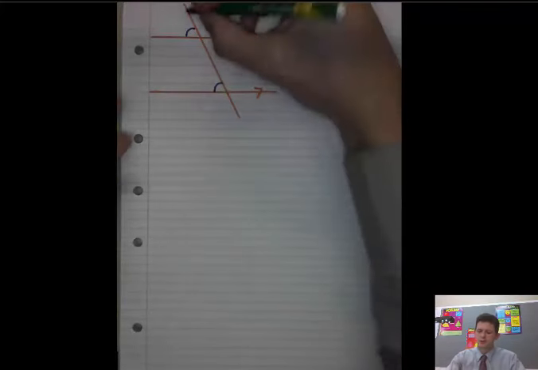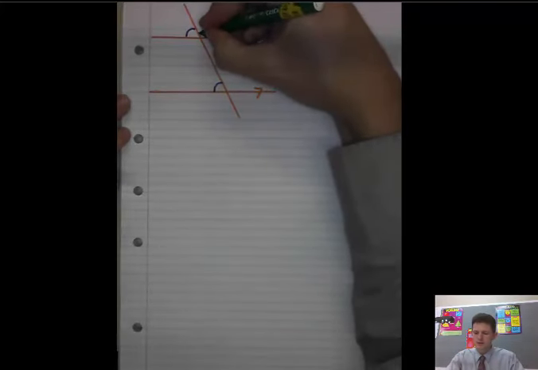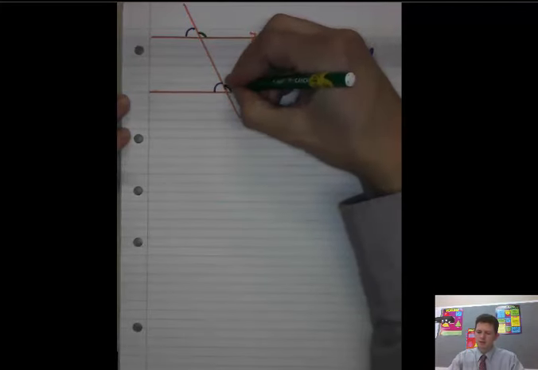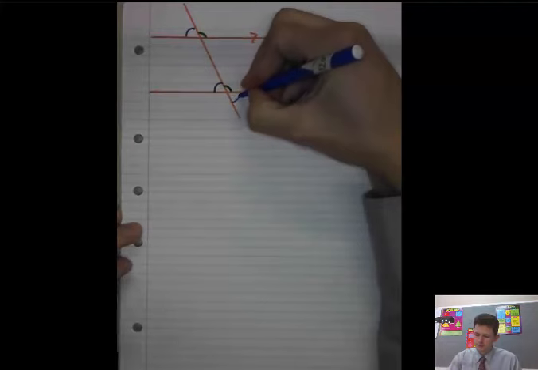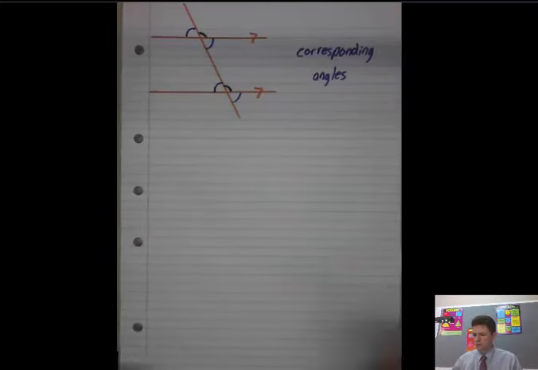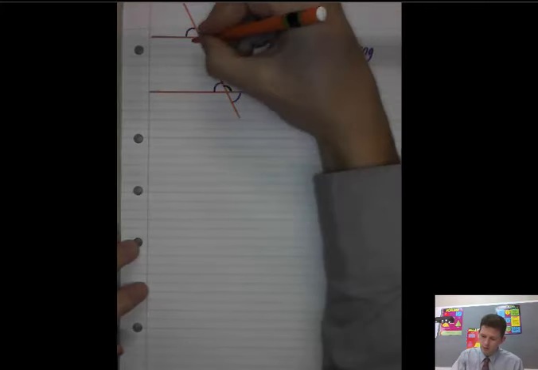Now I'm just going to demonstrate using different colours that there are 4 pairs of corresponding angles on any given parallel lines. And one more here.